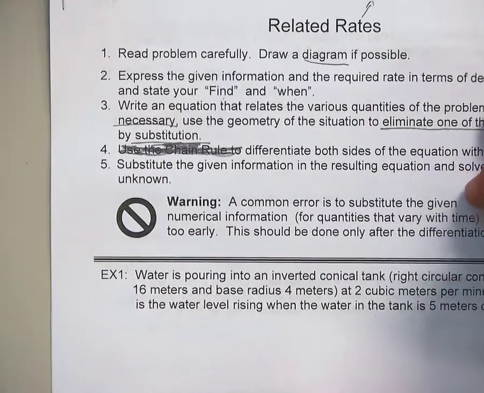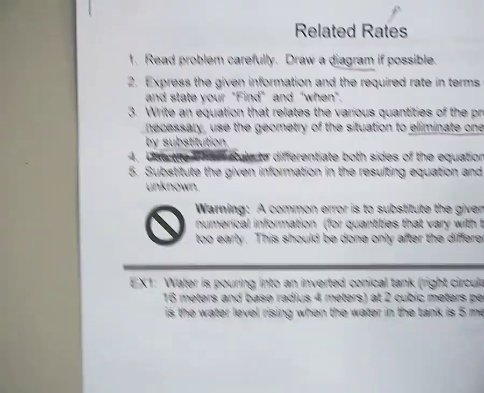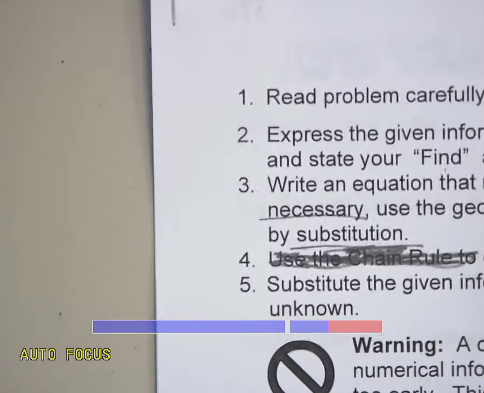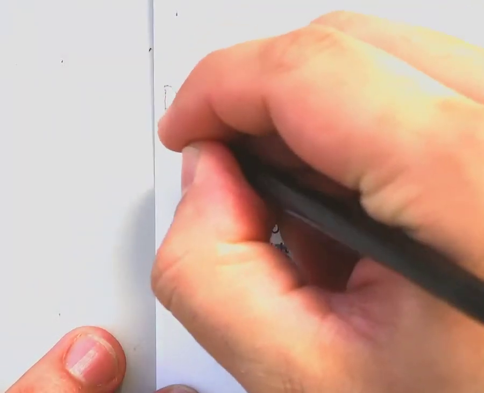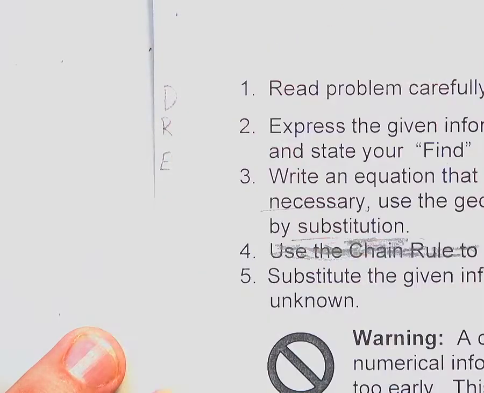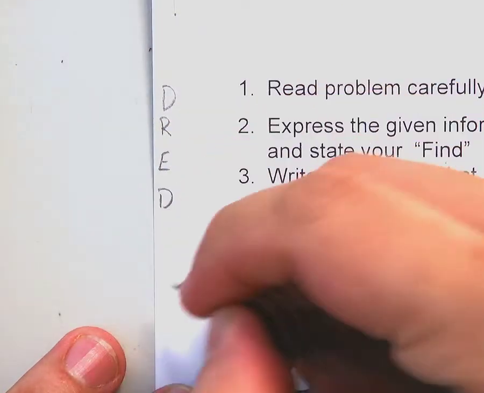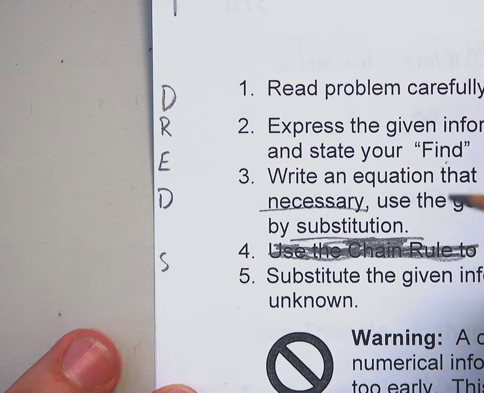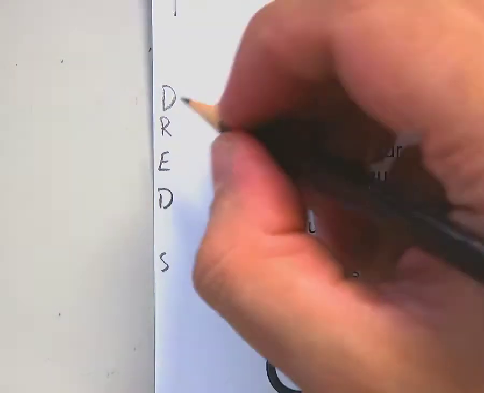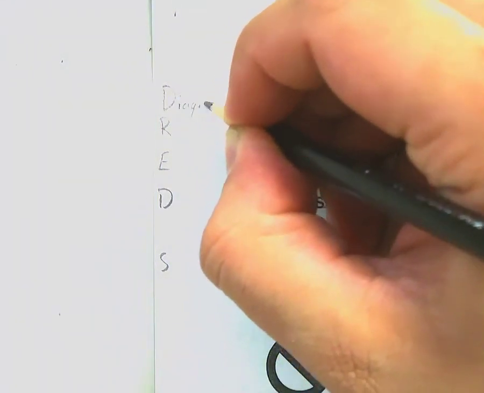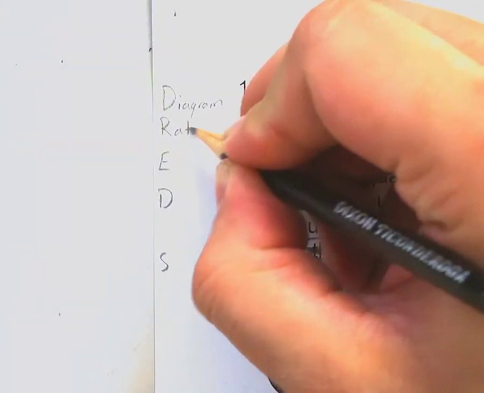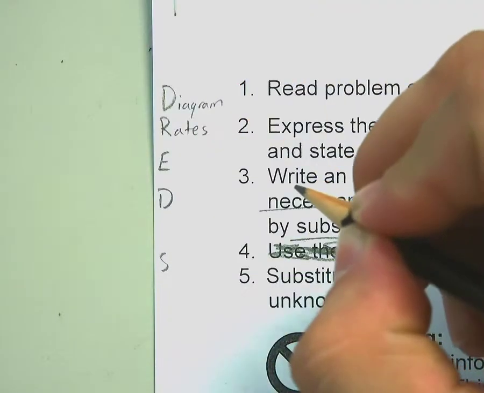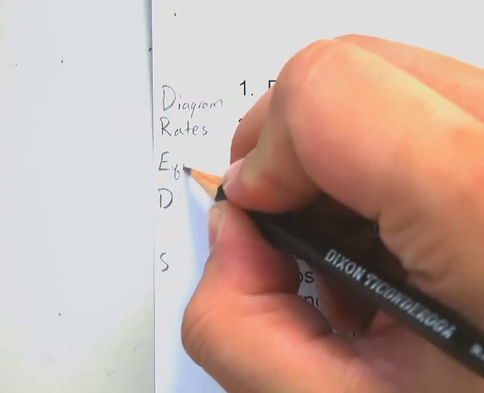Now there's an acronym that you can use to remember all this stuff. And I want you to write this down right beside it. It's called DREDS. D-R-E-D-S. DREDS is diagram. Right? Diagram. Then you write down your rates. You come up with an equation.